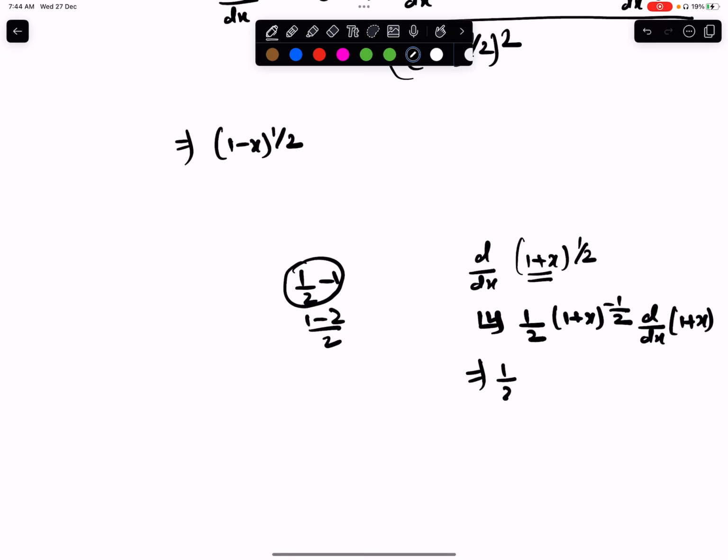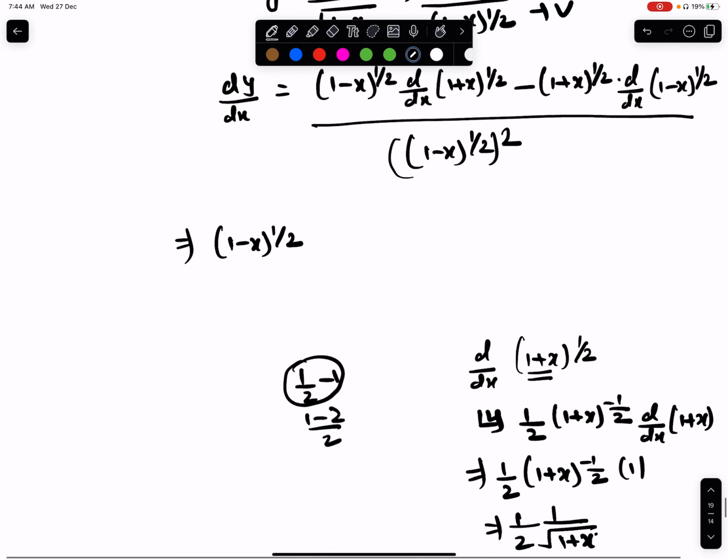This will be 1 by 2, (1 + x) raised to the power minus 1 by 2, times d by dx of (1 + x). The differentiation of 1 is 0 and the differentiation of x is 1, so the differentiation is 1. That is 1 by 2, (1 + x) raised to the power minus 1 by 2, which we can write as 1 by 2 root (1 + x).